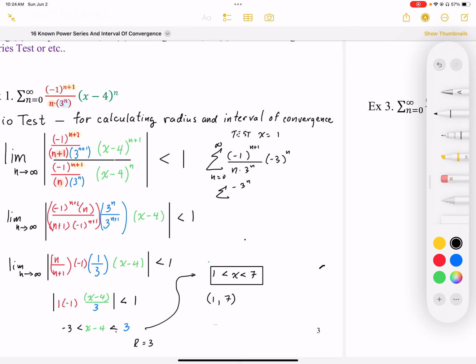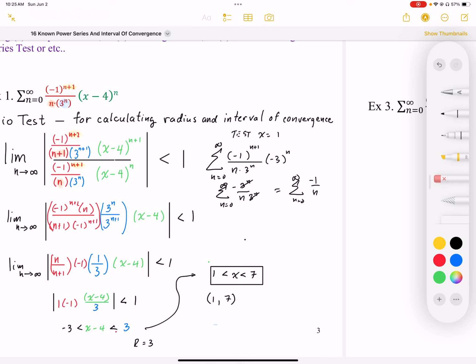And we end up with n and 3 to the power n in the denominator. Those are going to cancel, so we end up with 1 over n. So we have this series is equal to negative 1 over n. Well, this is a diverging series because it is a harmonic series.